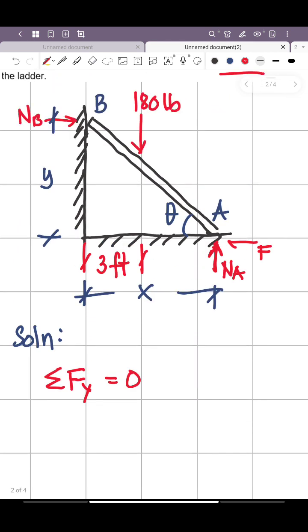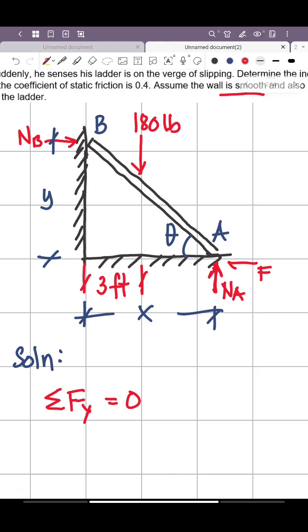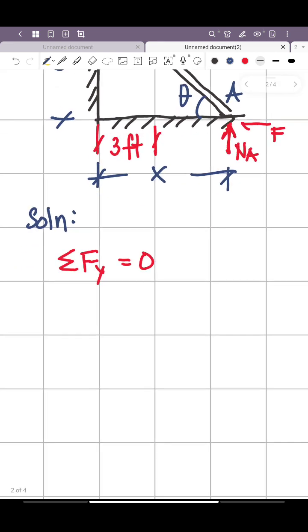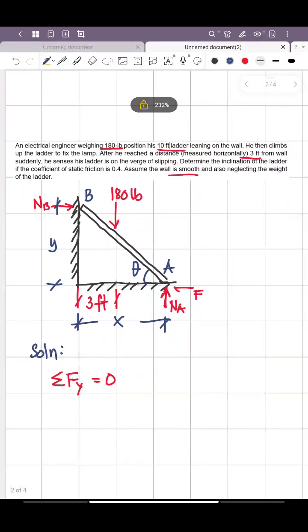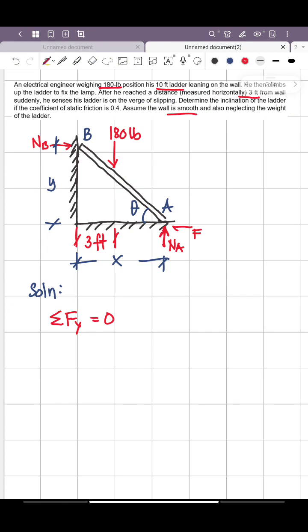So ano ba yung mga forces na involved dyan? We have 180 pounds and the NA. So NA equals 180 pounds.